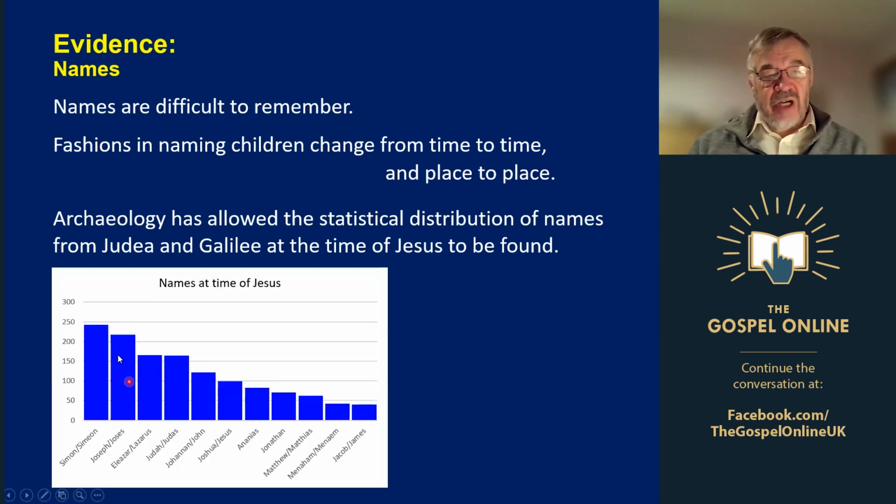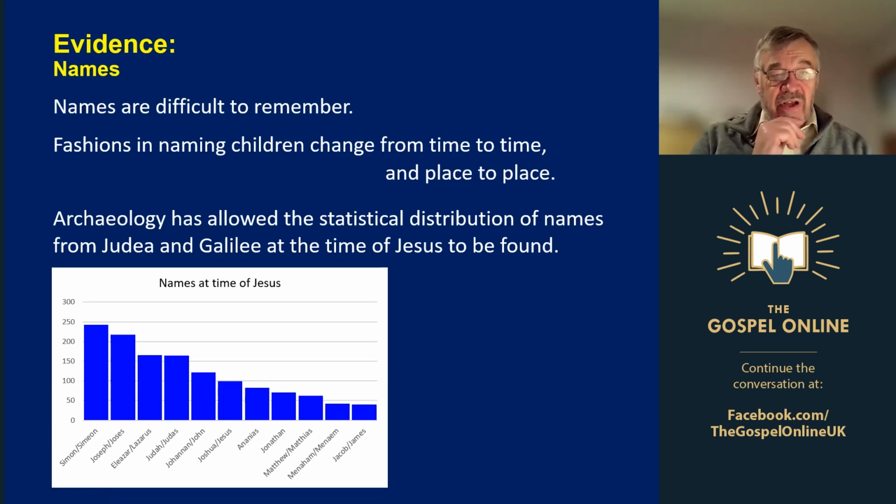So there we are, some of the most common ones. Most common of all is Simeon or Simon, and it goes on down, gets less and less common as it goes down. And in fact, that distribution is very well matched by what's in the New Testament.